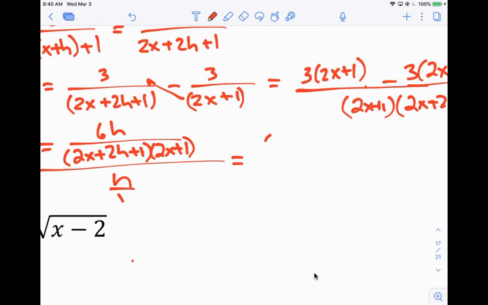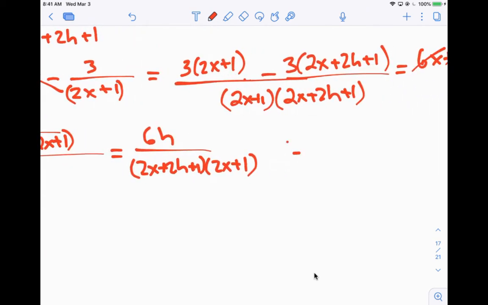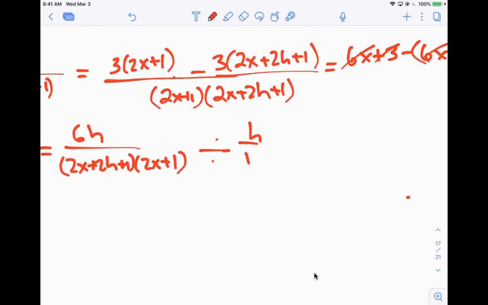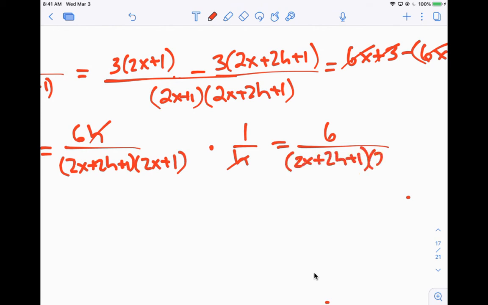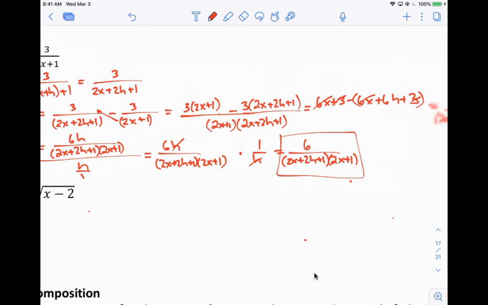So I can look at this as that thing divided by that, flip that, times 1 over h. The h's are going to cancel. Final product, 6 over 2x plus 2h plus 1 times 2x plus 1 as my difference quotient.